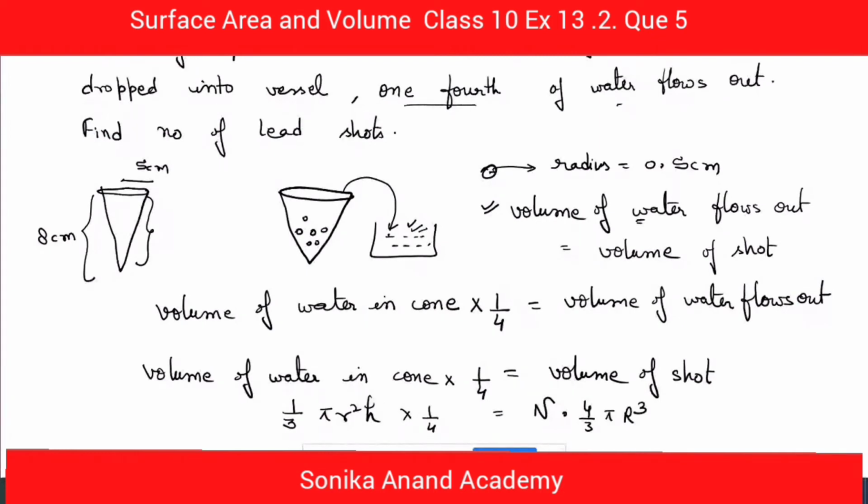Now use this formula and find the answer and send me on WhatsApp. There's somebody, I'm just coming. Okay.